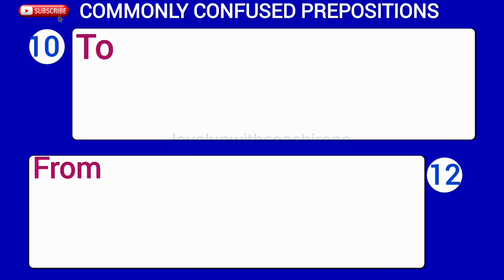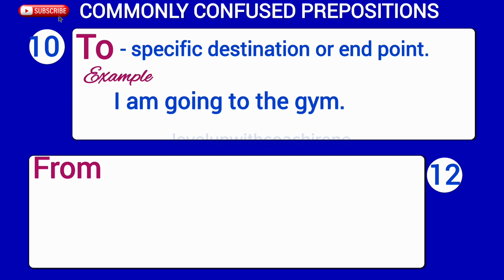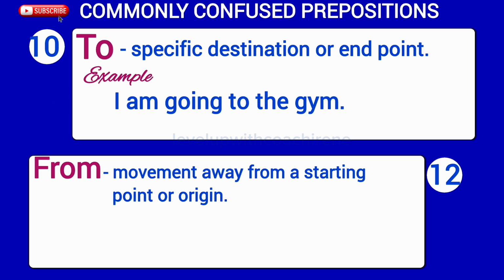Let's compare to and from. Like we earlier stated, to indicates a specific destination or endpoint. It shows movement in the direction of a target or goal. For example, I am going to the gym. From indicates movement away from a starting point or origin.